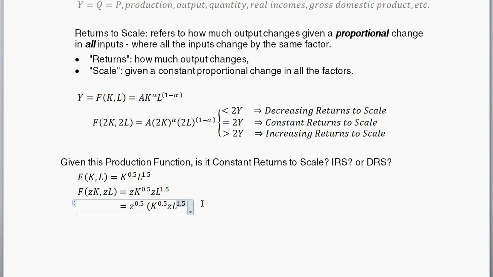And then the one next to labor has a z raised to the 1/2, so I'm going to pull out a z raised to the 1/2. Sorry, z raised to the 1.5.